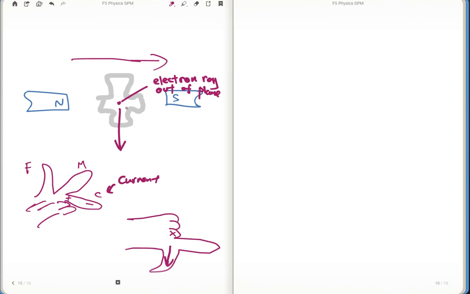So therefore current goes in, that's why current goes into the plane. So you expect the Maltese cross would shift downwards. Okay, you expect this kind of question. The direction of current moves opposite to where the electron gun moves.